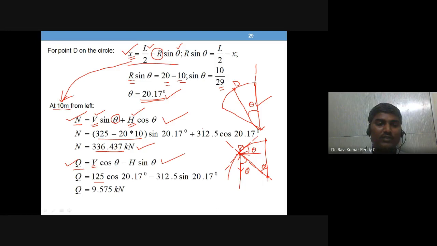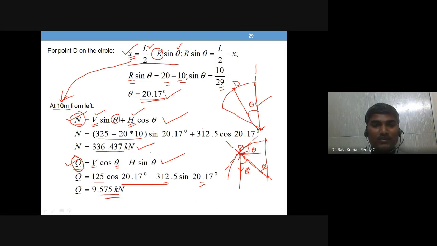V value is known, 125, and theta is known, H is known. Simply substitute and get the value of Q, 9.575 kilonewtons. So this is how we solve for the normal thrust and the radial shear.